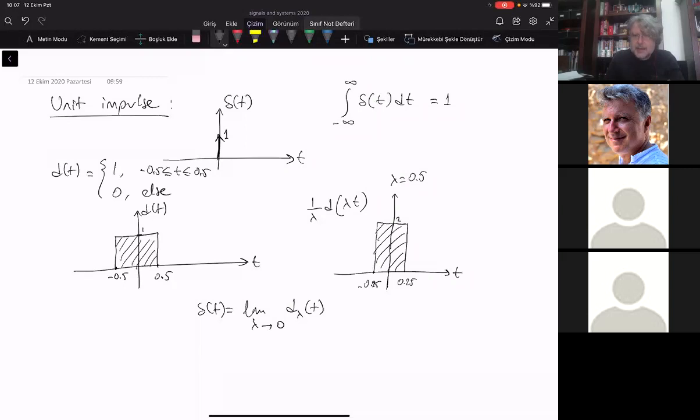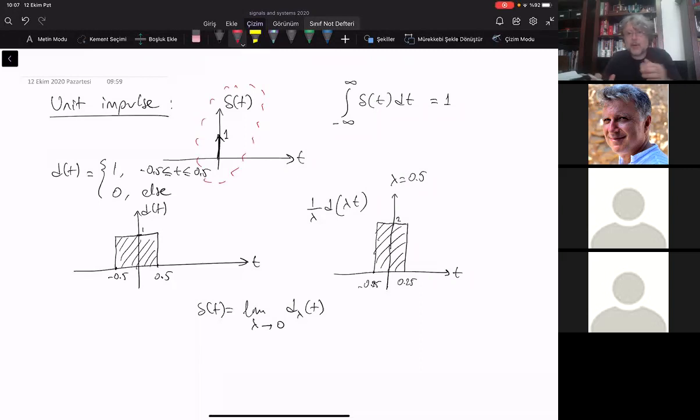We cannot really draw this like a regular function. We cannot put an infinite value at t equal to 0, but we can draw it using a particular notation or a way of drawing it like this.